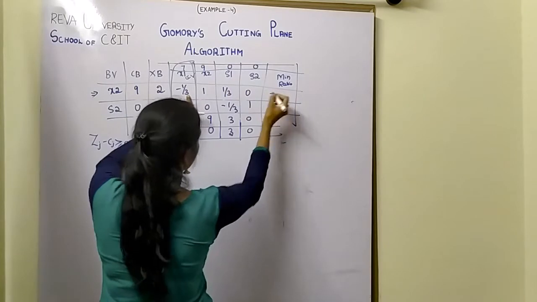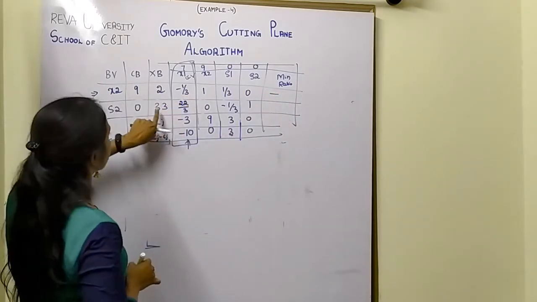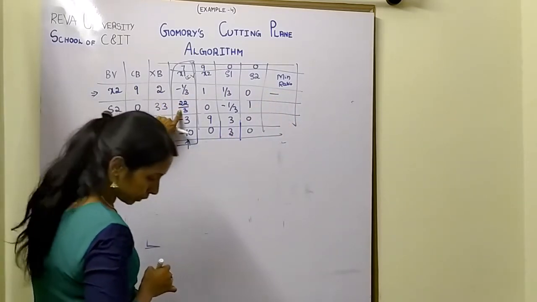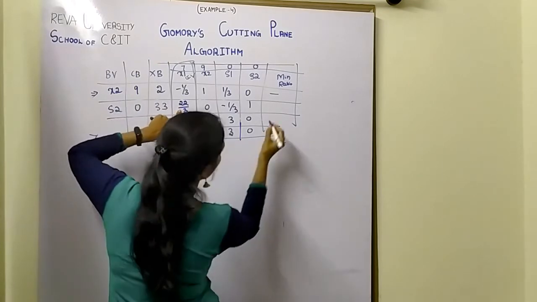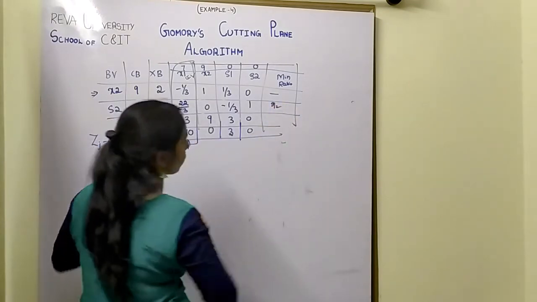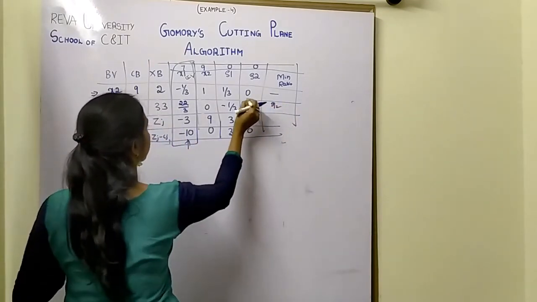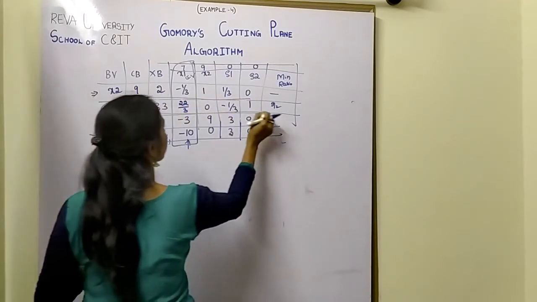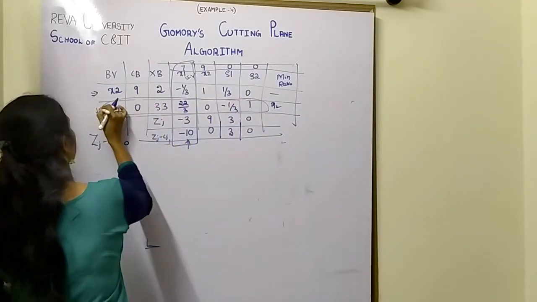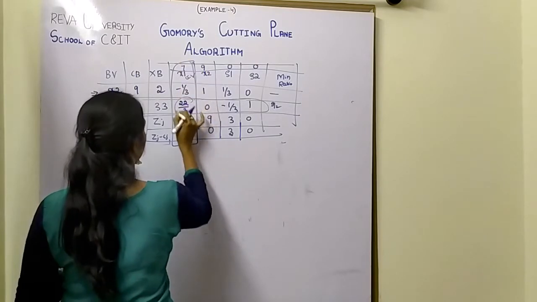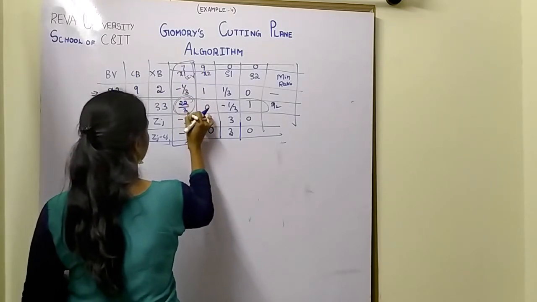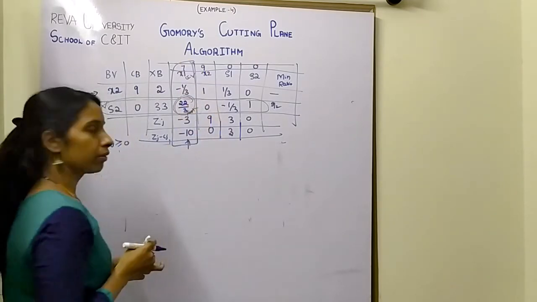Since it is a negative number, we won't consider this. 33 divided by 22 by 3 gives you 9 by 2. Among these, the minimum is 9 by 2. So this we consider as the leaving variable, where exactly it coincides. This is called the pivot value.